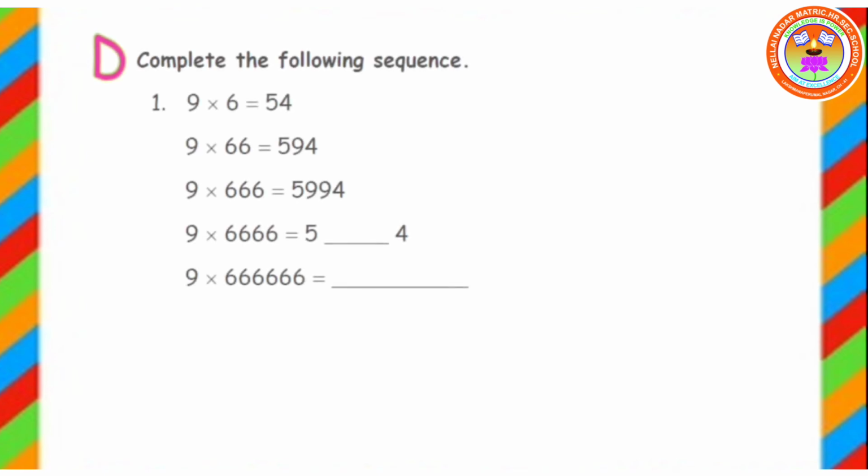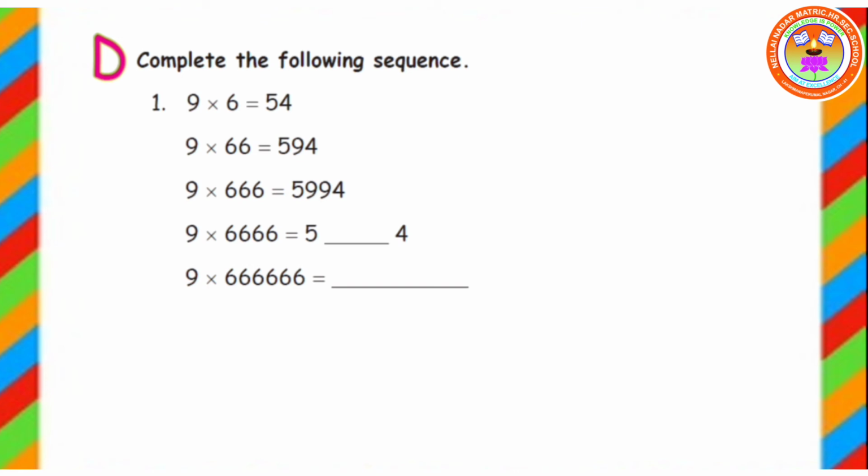D. Complete the following sequence. 9 sixes are 54. Second, 9 into 66. 9 sixes are 54. 5, 4. Extra 1 six is that. Centrally we want to write 1 nine. 9 into 66. 9 sixes are 54. 5, 4. Extra 2 sixes is there.